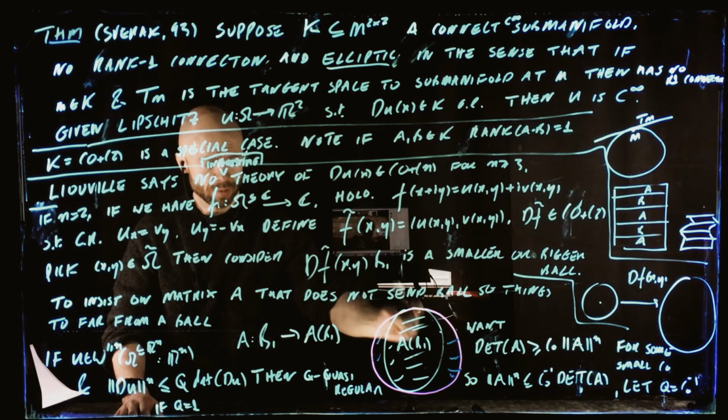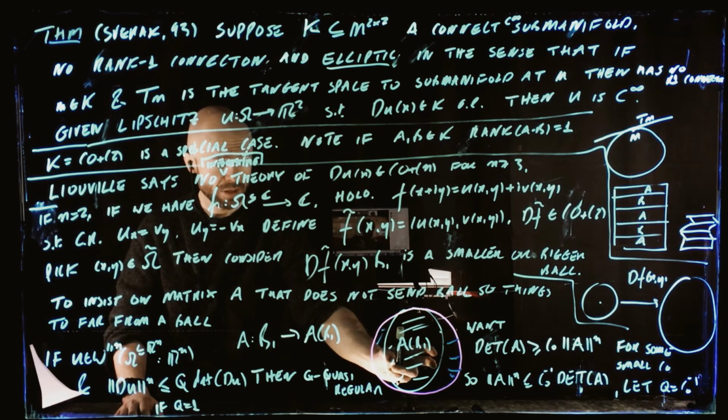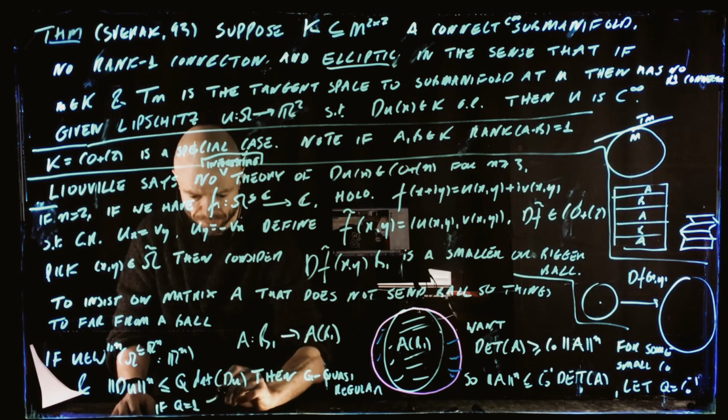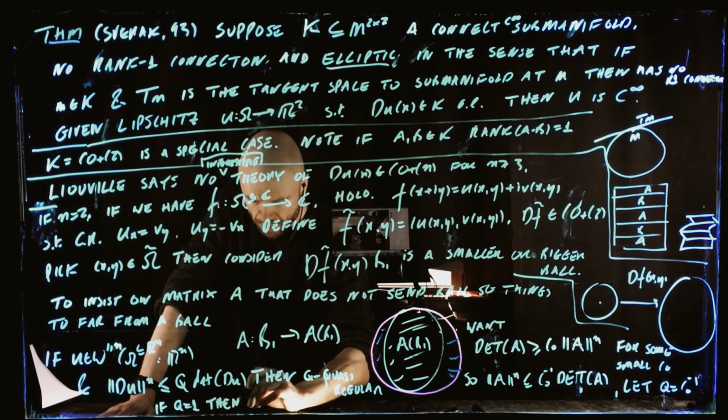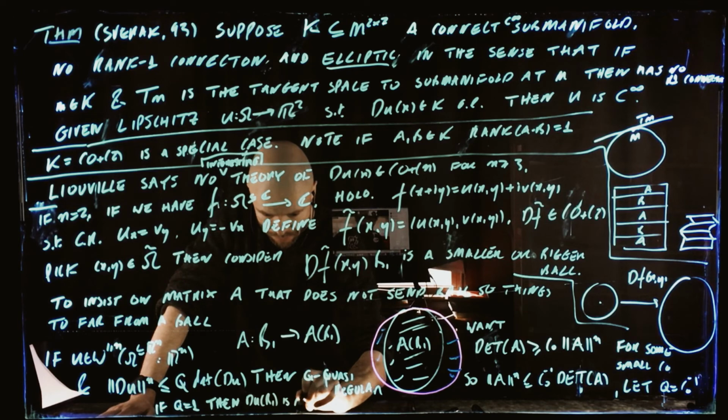So if the volume of the smallest ball containing the image of the ball is the same as the image of the ball, then there are no excess parts here, and therefore the image of the ball is a ball. Right? I'll give you an answer in a second. So let me write the statement. So if q equals 1, then Du of the image of the ball is a ball.